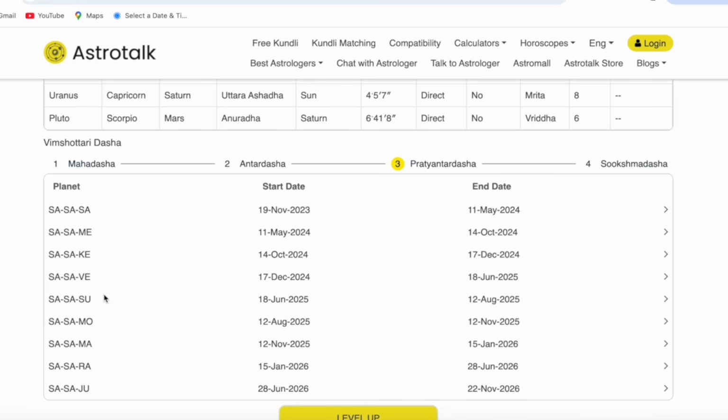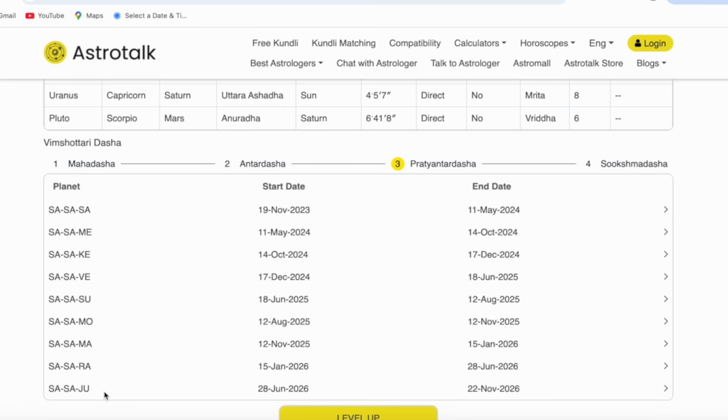So it can happen, but it's a bit difficult to immediately find someone and get married. So I predicted that this is probably the time that they will find somebody, or even get a little bit of commitment from them, maybe an engagement or a roka as we call it in India. And after that, marriage would most likely happen in the Saturn-Jupiter period.